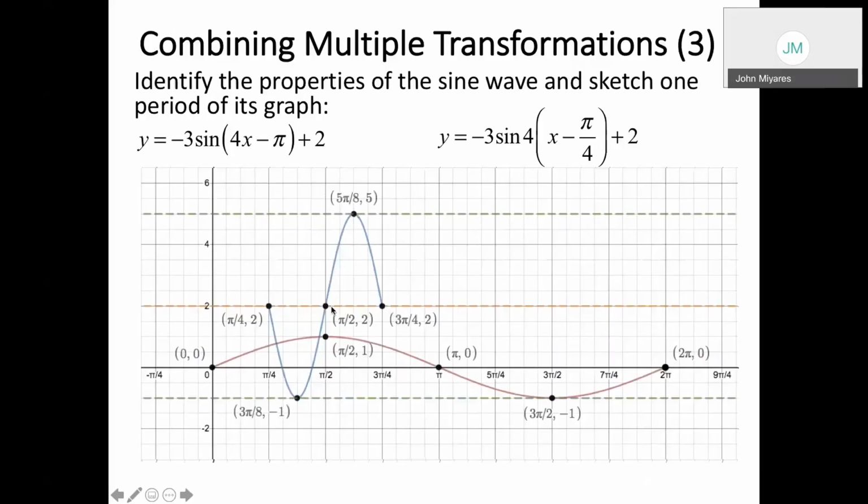So I'm going to look halfway between 1/4 pi and half a pi, which will give me 3/8 pi. And then the halfway point between a half pi and 3/4 pi will be 5/8 pi. But generally, you can just divide this length between the starting point and the ending point by 4, and then use that to figure out where we should have our transitional points.